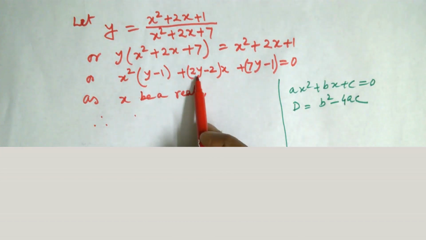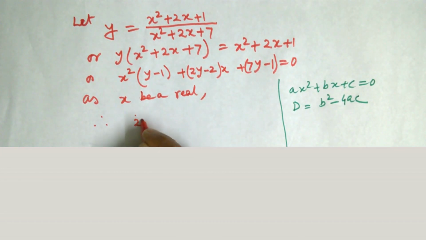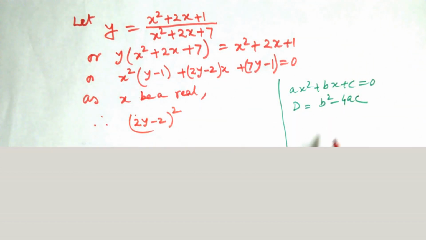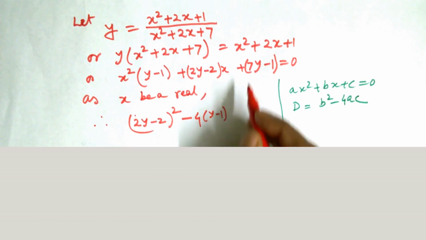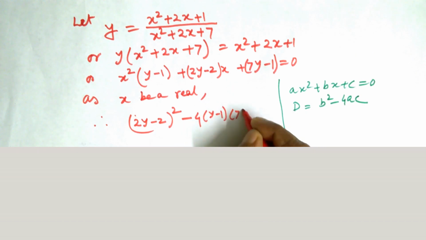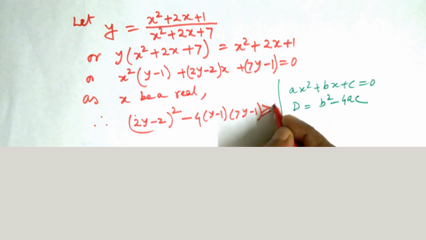Comparing, b means 2y minus 2, squared, minus 4 times a, which is y minus 1, times c, which is 7y minus 1, greater than or equal to 0.